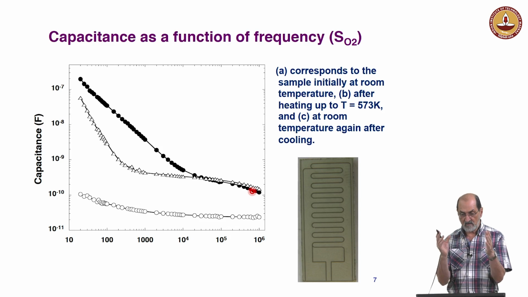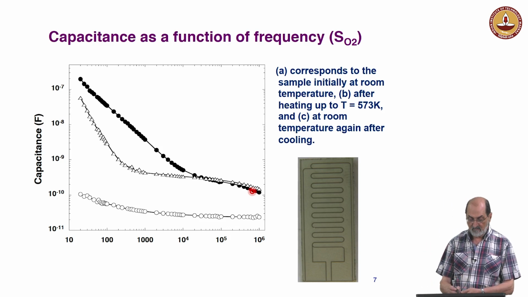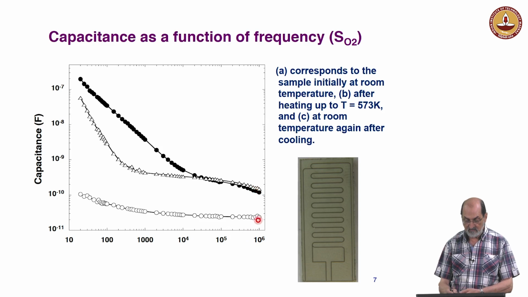But if the whole thing is depleted, we only have the capacitance due to the bulk, which is going to be much lower. So as we heat it up, the total capacitance decreases and shows a very low value. And when we heat it up again, we recover about what we originally had.